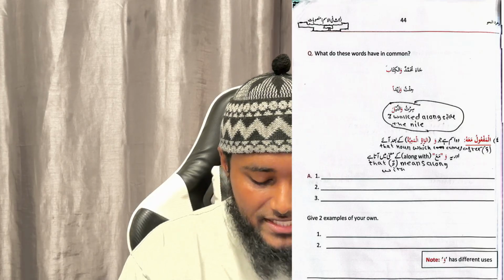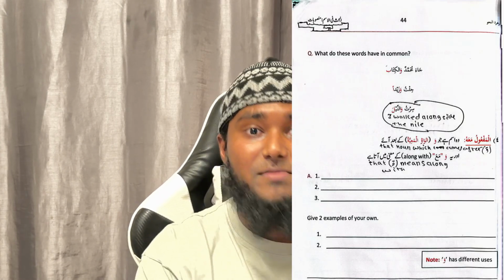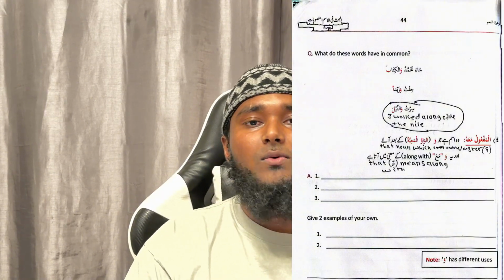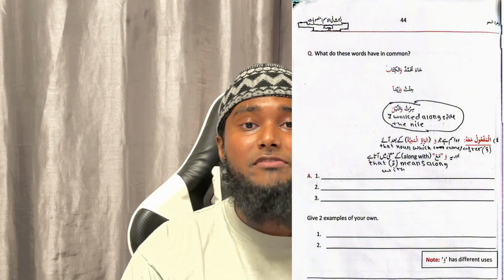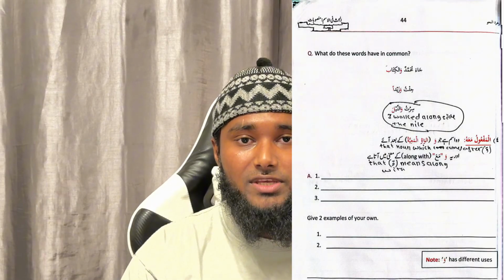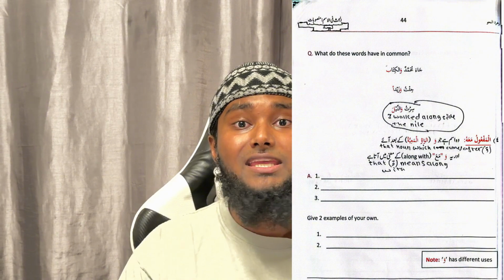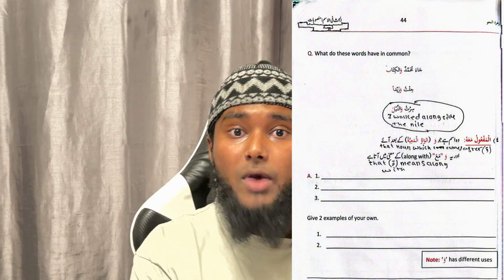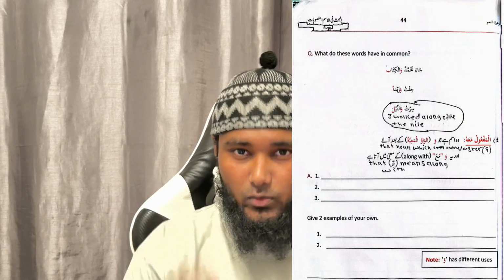Okay. And the author mentions it here, and he mentions it in Urdu, which I am not going to read. So the author says that al-maf'ulu ma'ahu is that word, a maf'ul, which comes with the meaning of with, and it will come after that waw in Arabic that comes with the meaning of with.